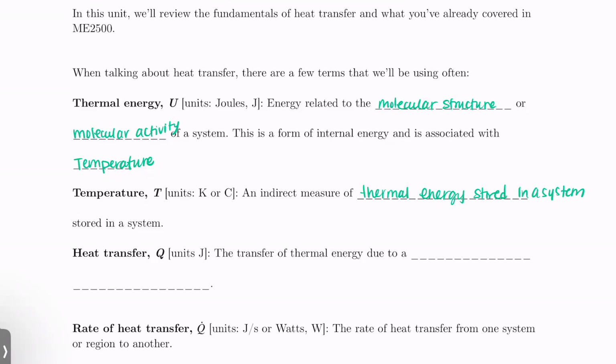This has units of joules, and this is the transfer of thermal energy due to a temperature gradient, meaning a spatial difference in temperature.